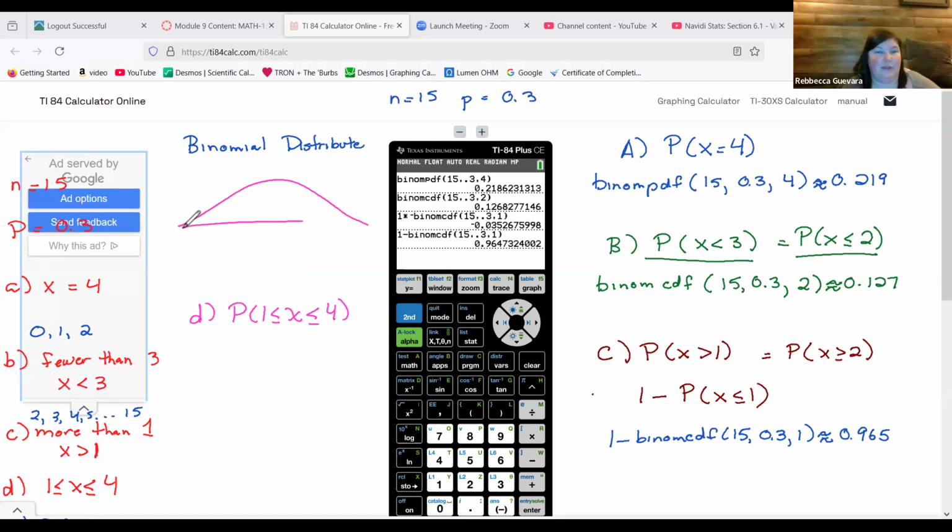We're trying to figure out the probability that I am going to be between these 2 values. But what's going to be found is I'm going to find less than 4. That's one thing that gets found.